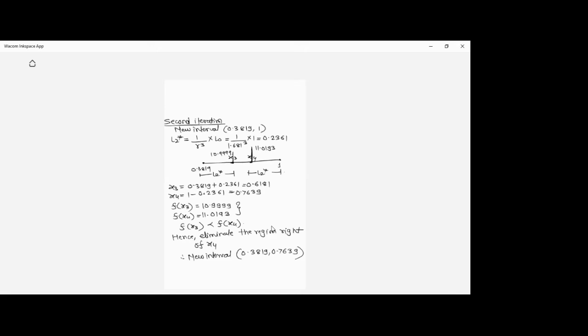Don't go for fifth iteration, sixth iteration, because the numerical may take 10 or 11 iterations, but in examinations we have restricted time. So I tell you to go for only the fourth iteration. Before the fourth iteration, if the values of the functions come out to be same, stop at that juncture.